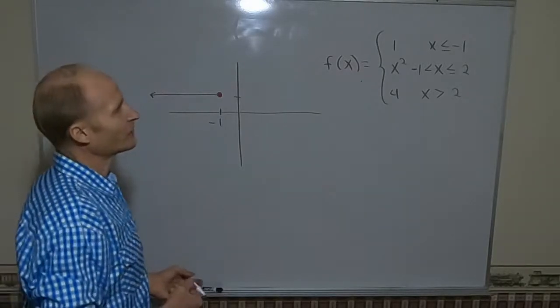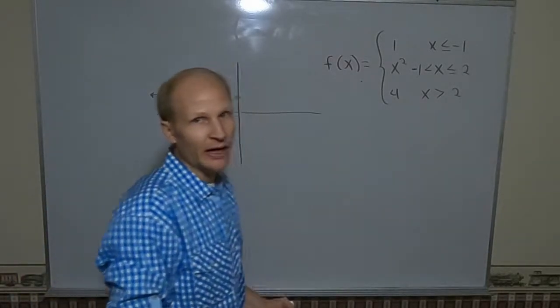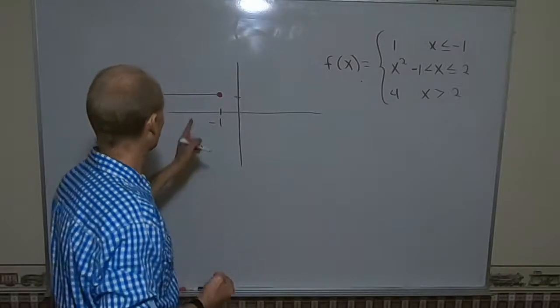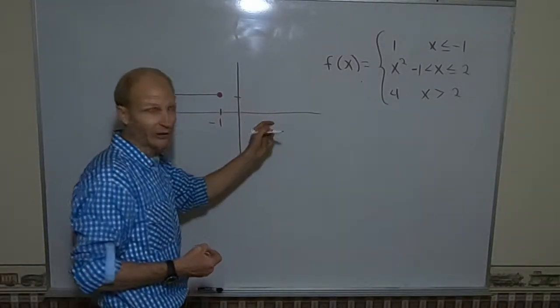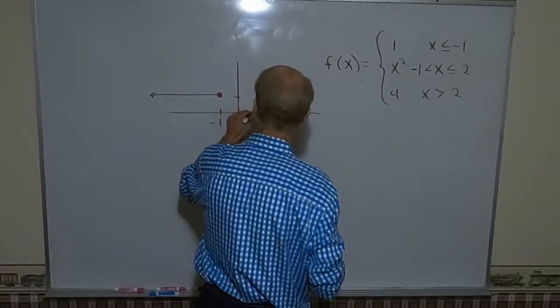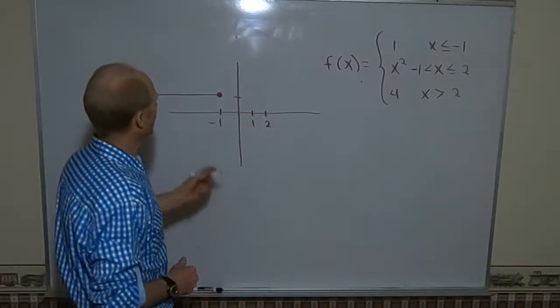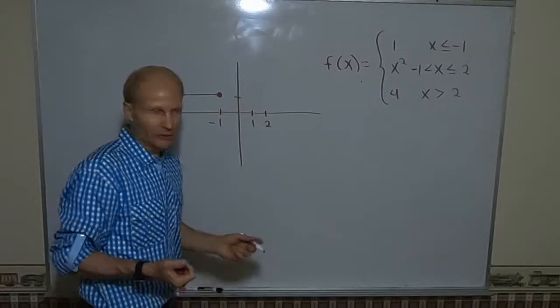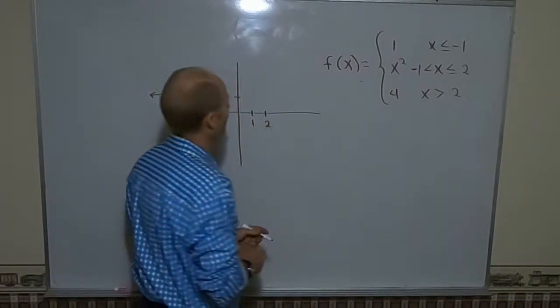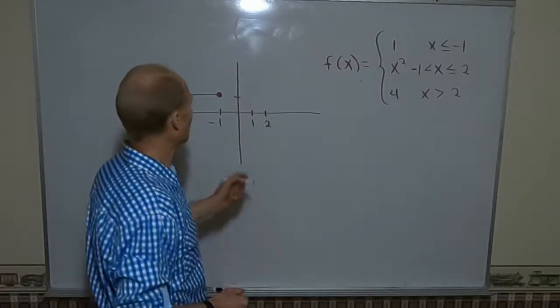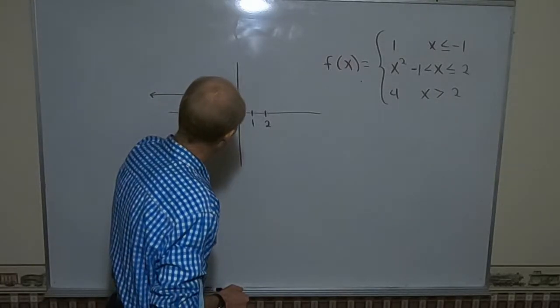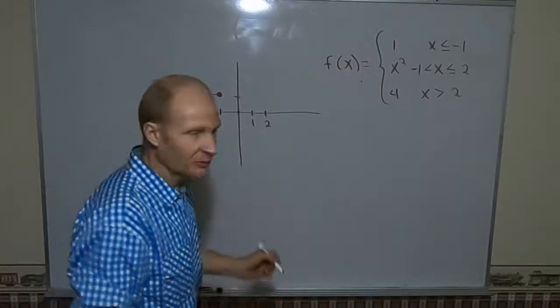Now, the second function was x squared, and x squared only exists from x equals negative 1 to x equals positive 2. All right, now it's a parabola, so it's going to be a curve. It just so happens y equals x squared, just a little bit of a graphing tip for you.